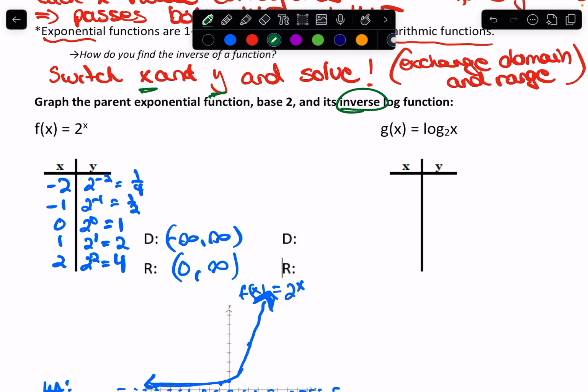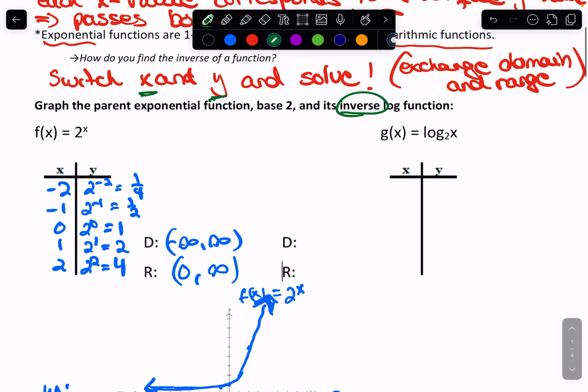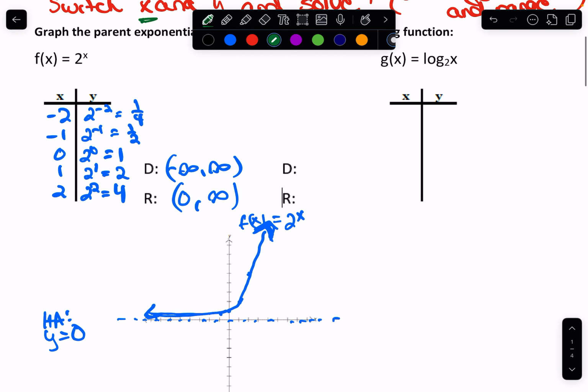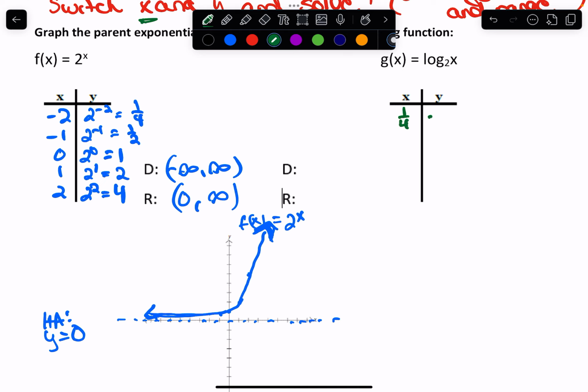So our first value of x is going to be 1/4, and y is going to be -2. We flip the y and the x. We do the same for the half. So x is half, our y is -1. X is 1, our y is 0, our x is 2, our y is 1, and our x is 4, our y is 2. Okay, so let's go ahead and graph that.